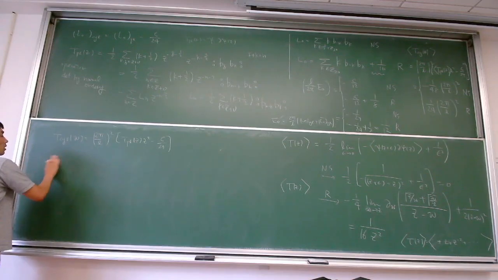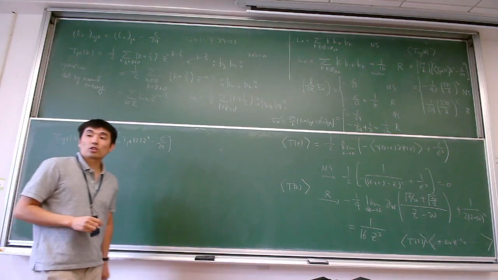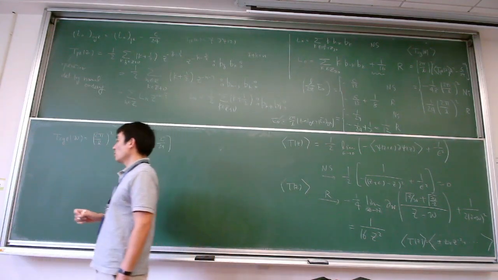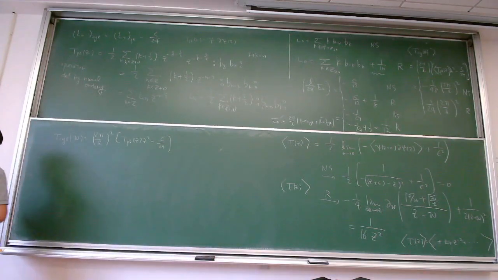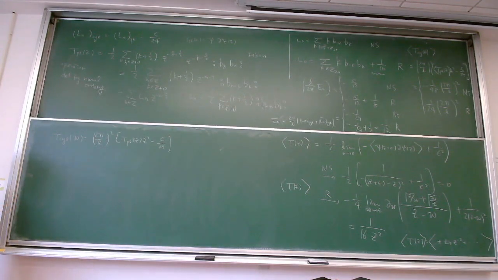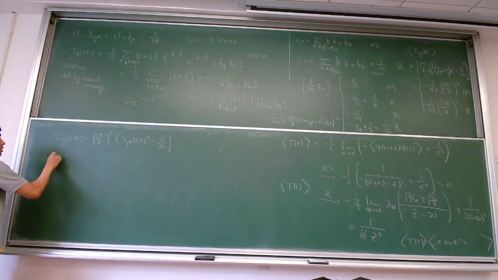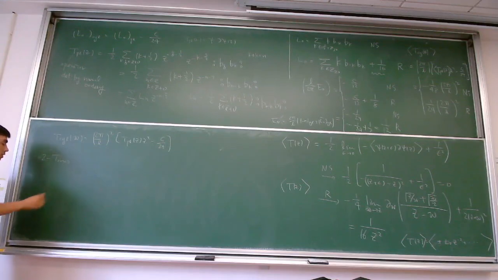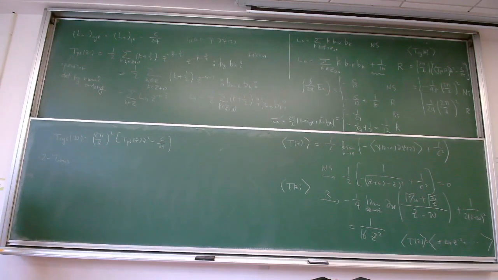So now we are going to talk about the torus partition function. So now we only consider the cylinder or plane. Now we change the base space to a 2-torus.